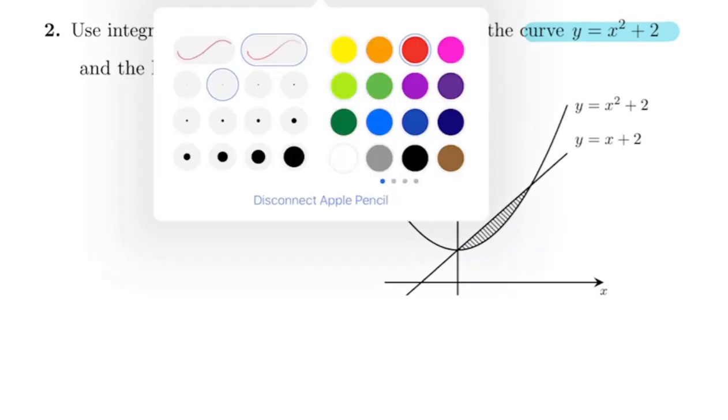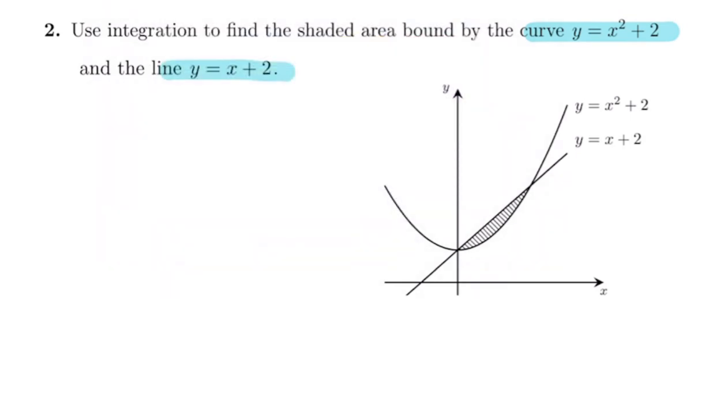So the first thing we're going to do is find the point of intersection. Okay, so we're going to use simultaneous equations. So you've got y equals x squared plus 2 and y equals x plus 2. Therefore, x squared plus 2 equals x plus 2. x squared minus x equals 0.